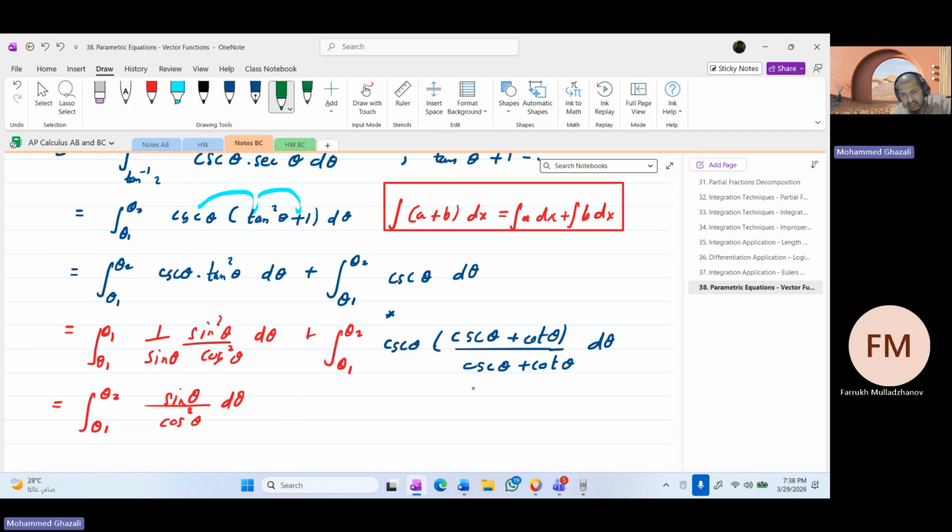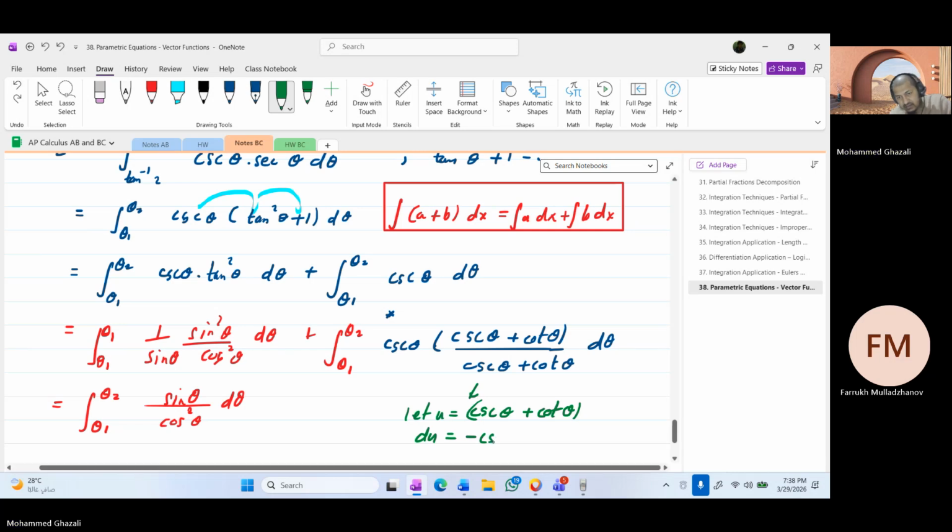So over here, I'm going to say let u equal to cosec theta plus cot theta. So what is du? What's the derivative of cosec? Negative cosec theta cot theta.